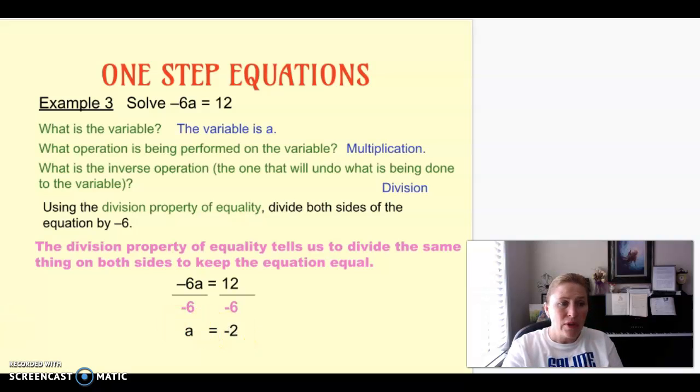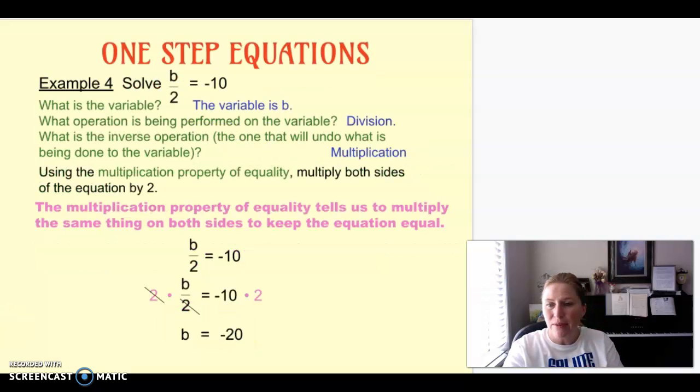Okay, the last math operation is division, and it would be an example that looked something like this. If I had b divided by 2, remember this is my fraction line, b divided by 2 equals -10. Exact same steps. What's the variable? What operation is happening?